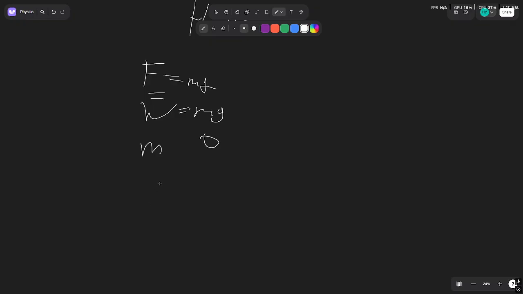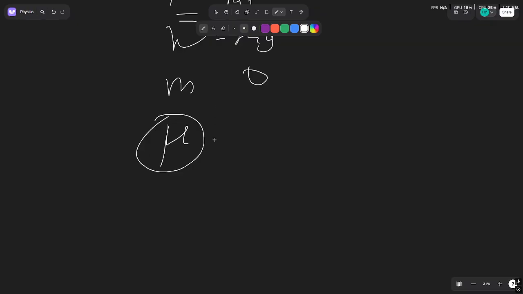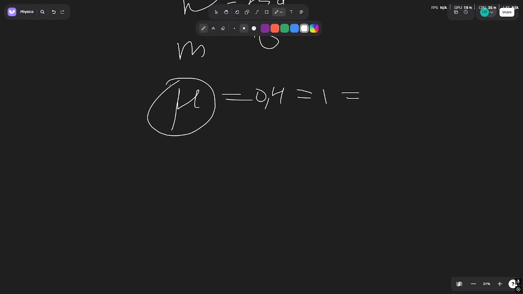So we now know that this is the coefficient of friction, and it may equal 0.4, it may equal 1, it may equal anything. But this is only the coefficient of friction. How can we find friction?